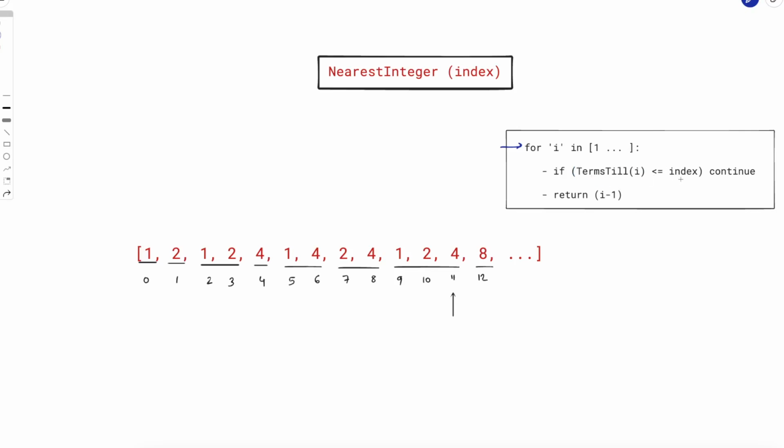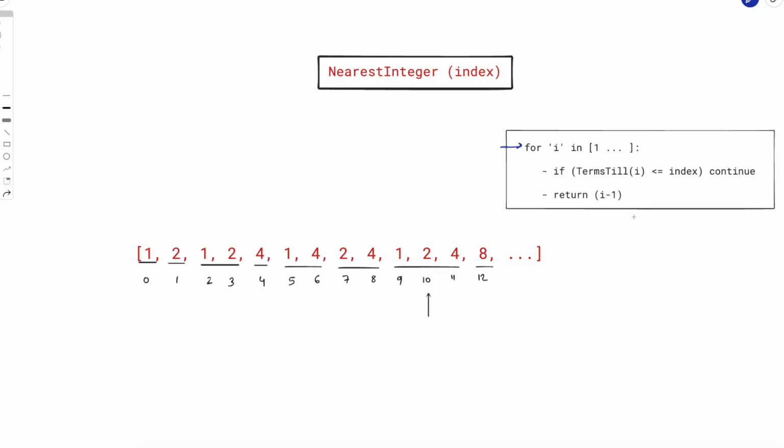And if it is less than or equal to index, you will simply continue, and the first time it is greater, just return the previous value because that's the term which is completely included, right? So if you want, let's say 10, for 6 you will get 8, and for 7 you will get 11. So at 11 you will break out by returning 6.